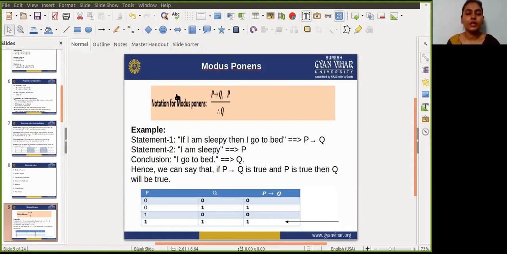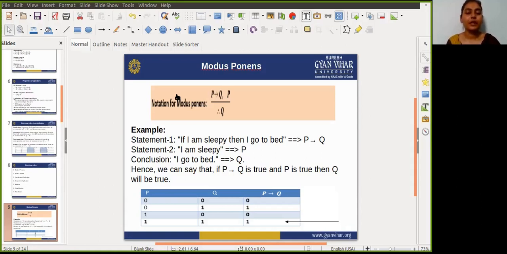It can be represented with this notation: P implies Q, and also P, then in that case Q will be true.